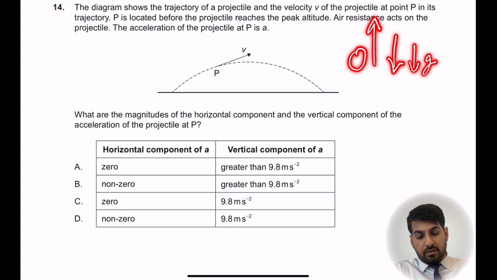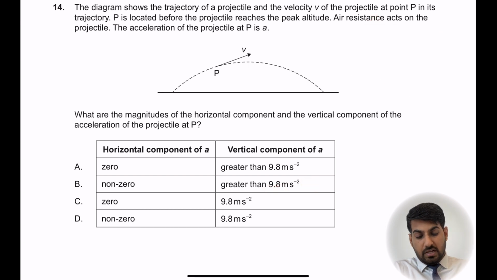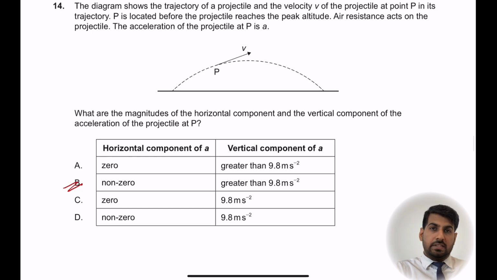So the vertical component will be greater than 9.8, because the deceleration due to air resistance is in the direction of gravitational acceleration, so it will be greater than 9.8 but acting downward. And the horizontal component of A is still non-zero, because it is moving in this direction and air resistance will oppose the motion. So the answer will be B, because it will be greater than 9.8, but the horizontal component will not be 0. Non-zero will be there. So option B is the right answer. Okay.